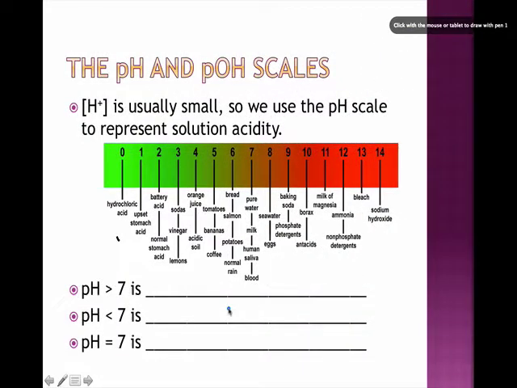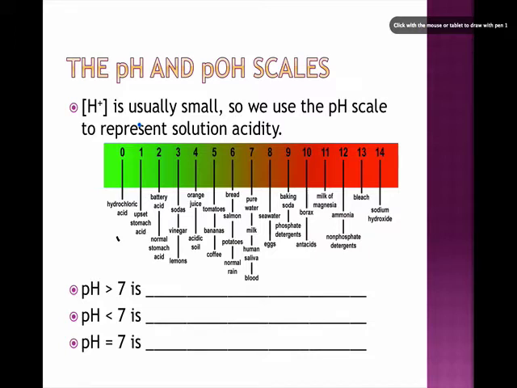All right, as you've noticed, the concentration of the hydrogen ions and the concentration of the hydroxide ions are unusually small. They're pretty tiny numbers. We're using negative exponents. So scientists came up with the pH scale, and the pH scale is based on logarithms. And what it does is it takes those really small numbers and makes them into numbers that are easier to use.